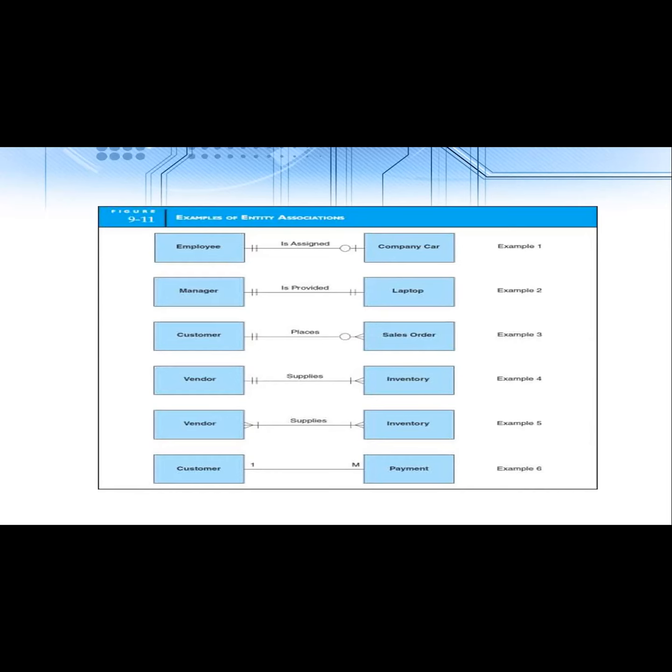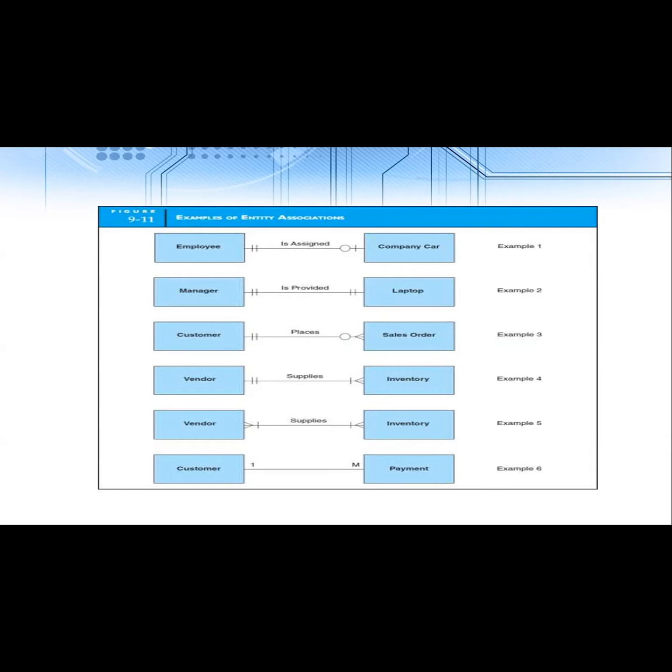A customer may have been a customer for years. The sales order entity represents an event that takes place within a period. Therefore, it is possible for a particular customer to have purchased many times this period or not at all, and thus the 0 or many cardinalities.